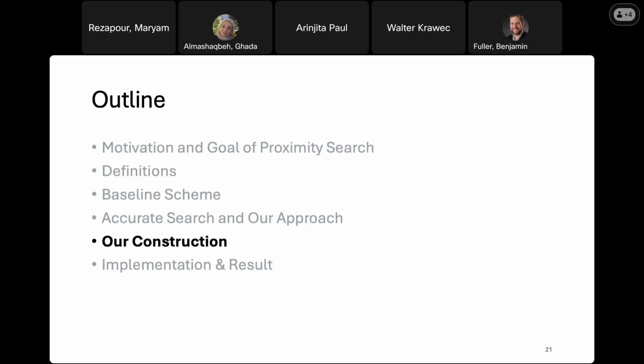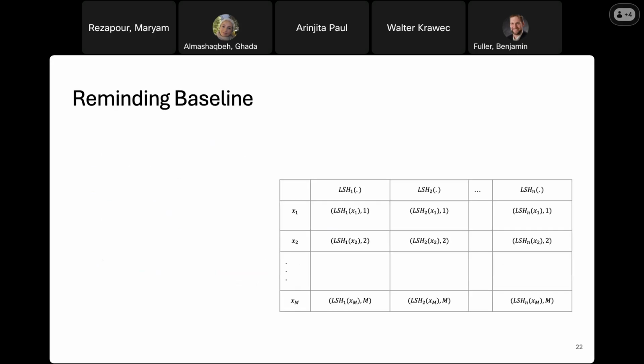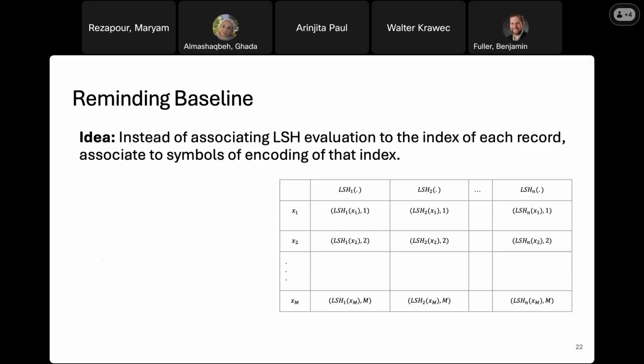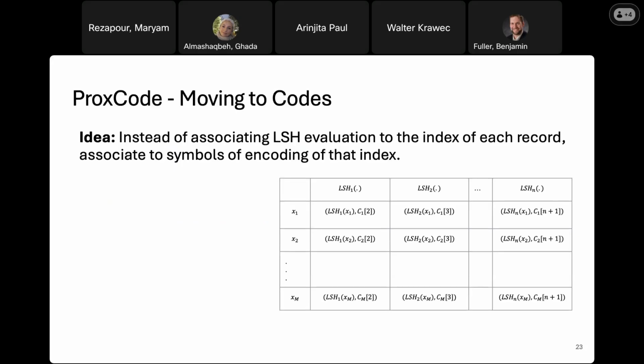So let's see how our construction works. But before, let's recall the baseline scheme. In the baseline scheme, we were associating the LSH evaluation over the records and associating them to the index of the records. But now we are going to associate the LSH evaluation to the symbols of the code words that are constructed from the index of the records.